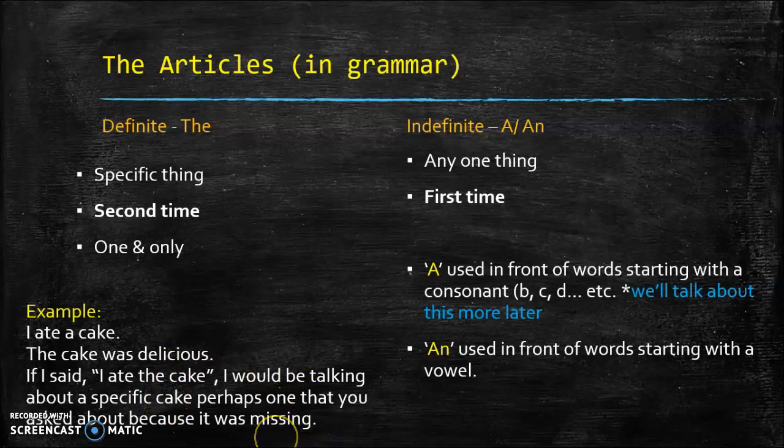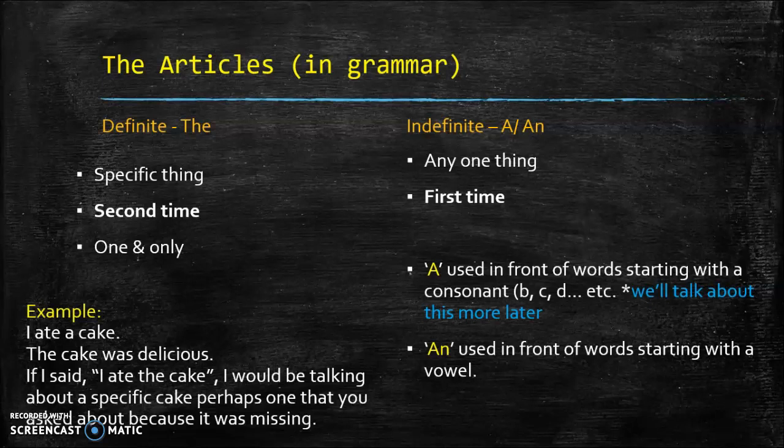In this case, also, cake can have a zero article because it's uncountable. So you could say, I ate cake. So what did you do at the party last night? I ate cake. So in that case, you're eating a lot, generally cake. If you ate a cake, it means you ate the whole cake, right?